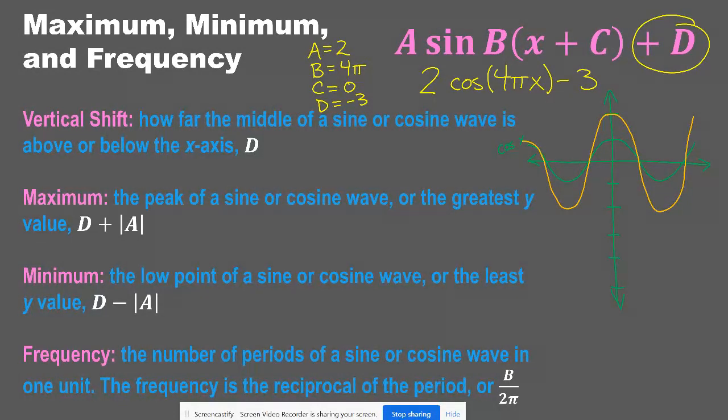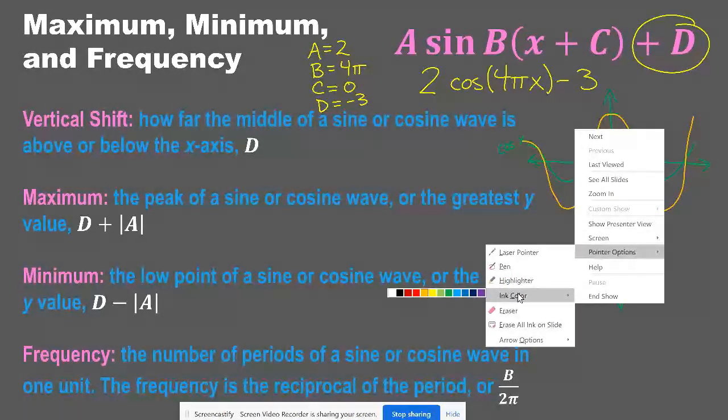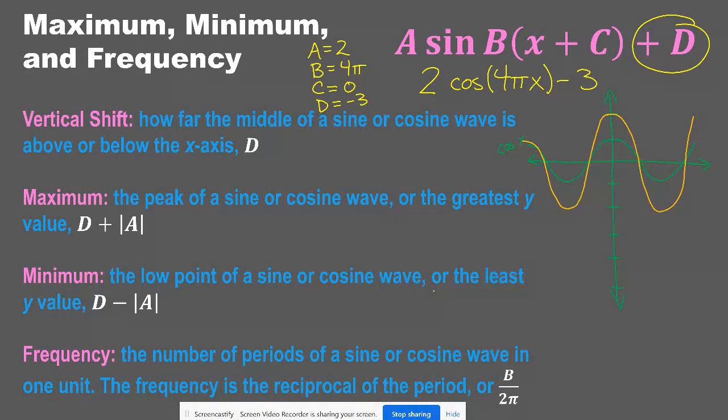But this, my sample here, I have shifted it. I have a minus 3, so everything is going to move down 3 spots. So I was up at positive 2. When I shift it down 3 spots, my high point is going to be at negative 1. My low point here was at negative 2. If I go down 3 spots, now I'm going to be at negative 5.